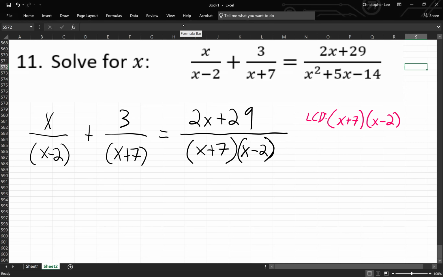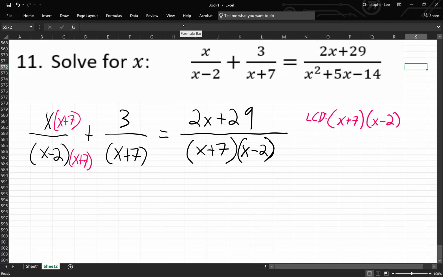So I want every term to have the same denominator, right? So I'm looking at the first term, which is x over x minus 2. What do I have to do to that to make it have the same denominator as the LCD? Perfect, right? So I'm going to multiply this by x plus 7, but what I do to the bottom, I got to do to the top.